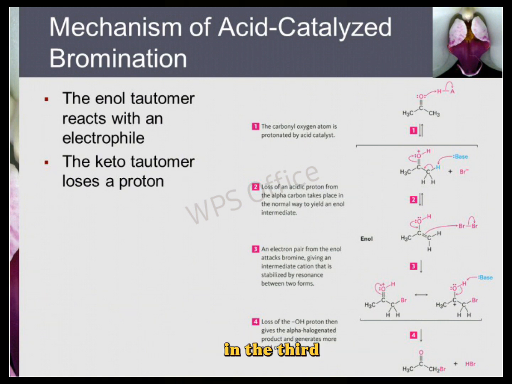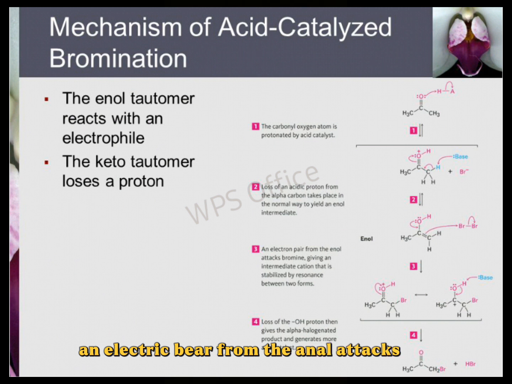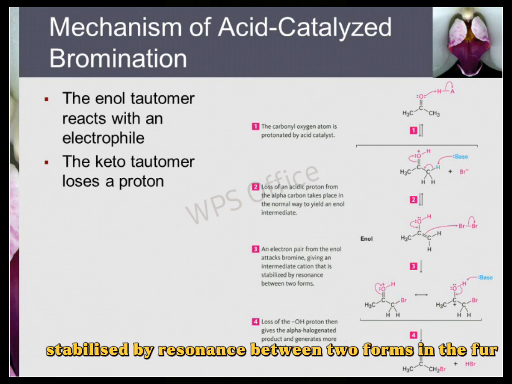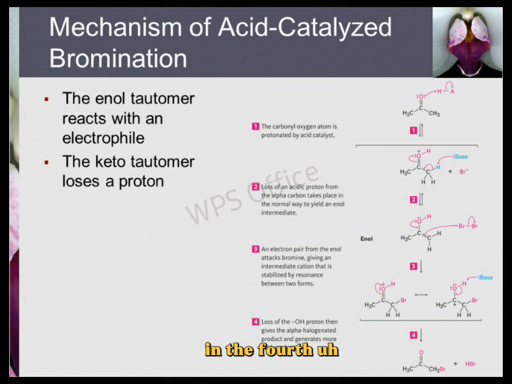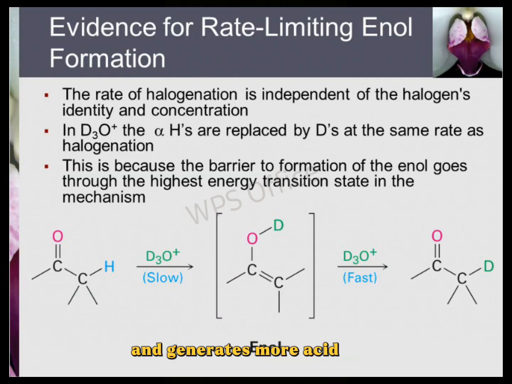In the third, an electron pair from the enol attacks bromine, giving an intermediate cation that is stabilized by resonance between two forms. In the fourth, the loss of the hydroxyl proton then gives the alpha halogenated product and generates more acid catalyst.